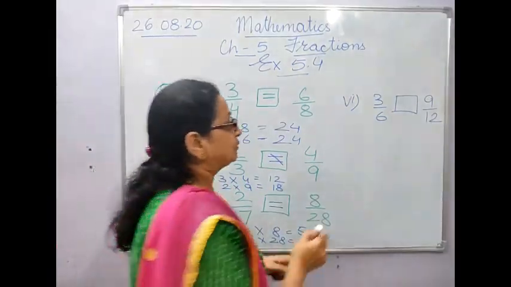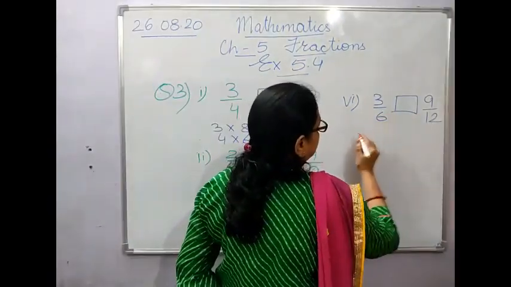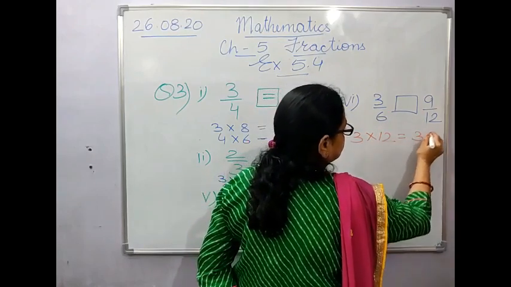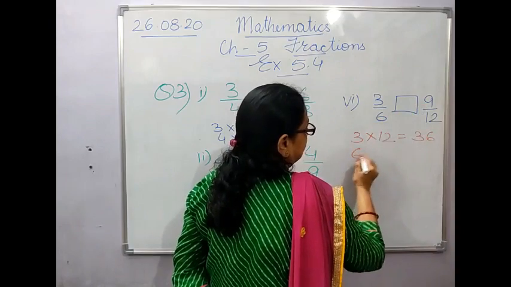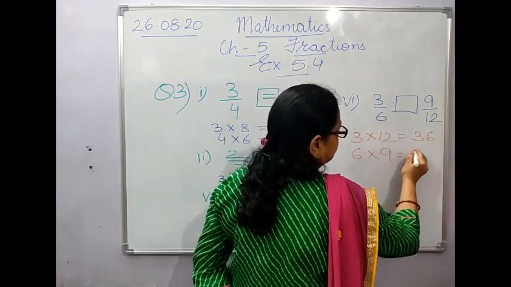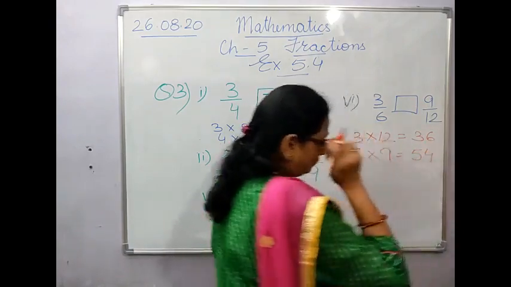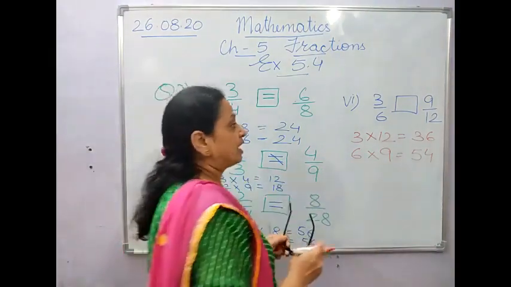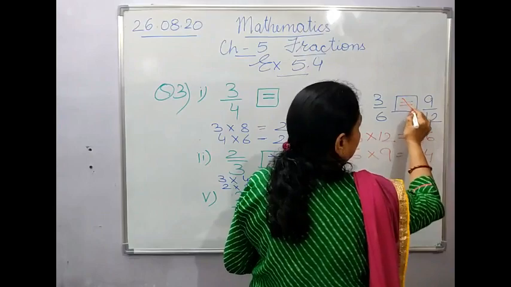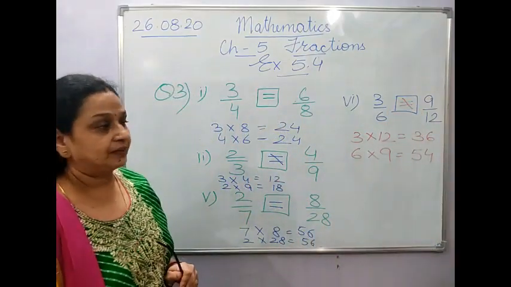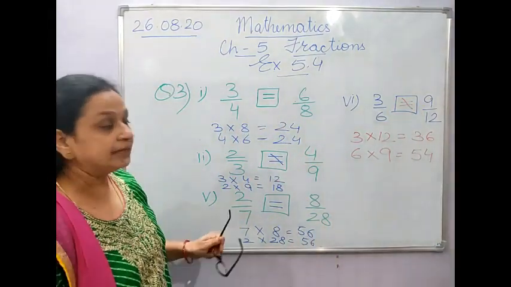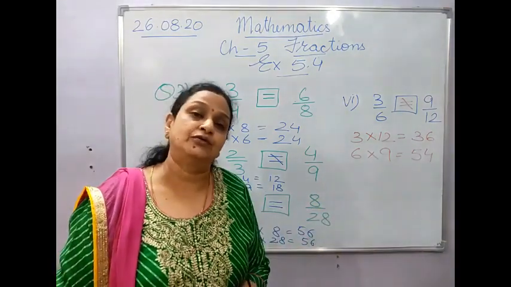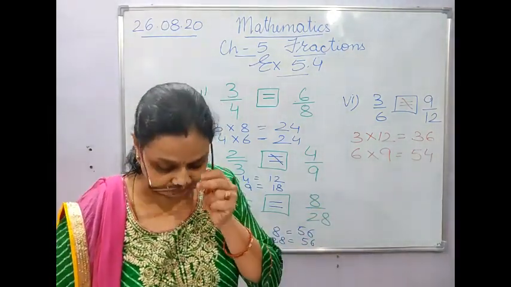We will cross multiply them. 3 multiplied by 12, it is 36. 6 multiplied by 9, it is 54. See children, cross products are not same. That means they are not equivalent, like this. Clear? The remaining sums, I have done 4 sums over here. 4 are remaining, that you will do in your copies.